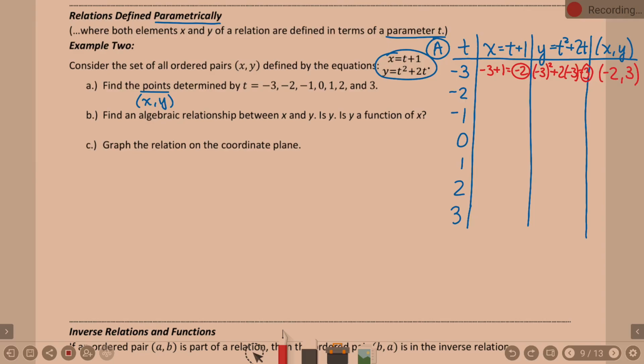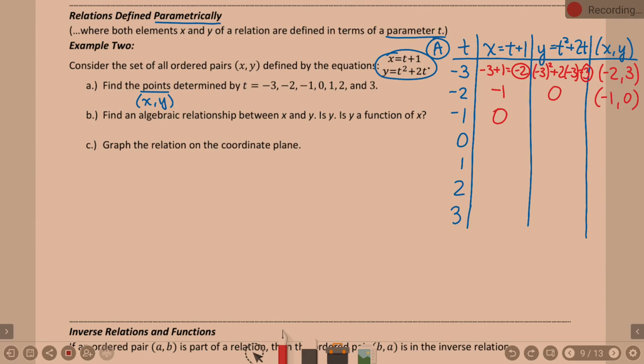Can we repeat that process? Do I need to show any more work? Okay. So put in -2 to find x. What is x when t is -2? -1. What is y when t is -2? 0. And the ordered pair? -1, 0. Put in -1 for t. X is 0. -1 plus 1 is 0.